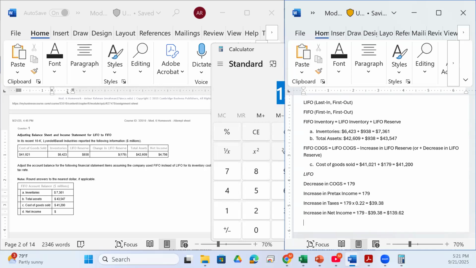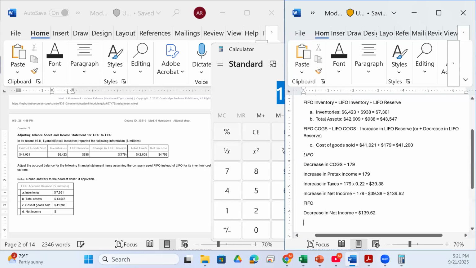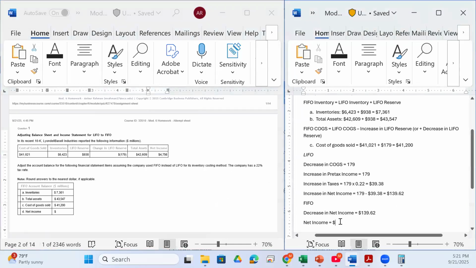So to convert to FIFO, we have to decrease net income by the same amount. So our net income will be this current amount minus the required decrease.